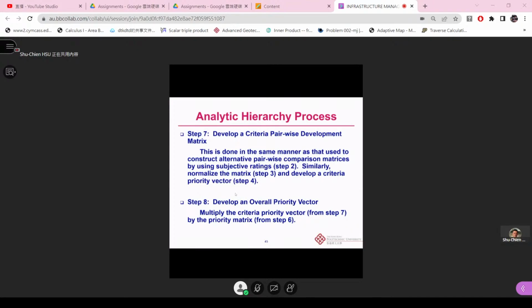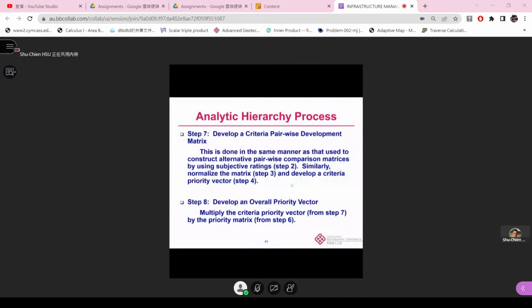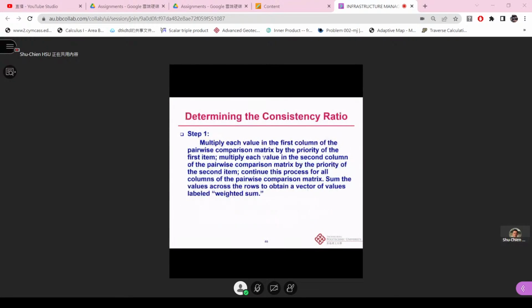We develop a criteria priority vector like in step 4, so that we can finally develop an overall priority vector by multiplying the criteria priority vector from step 7 by the priority matrix from step 6. All right, so this is how we do the whole AHP process from step 1 to step 8. However, remember in step 5, we need to check the consistency ratio.